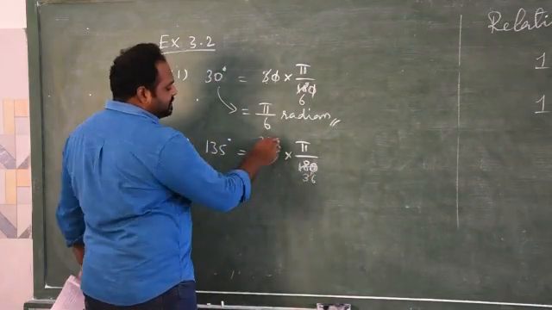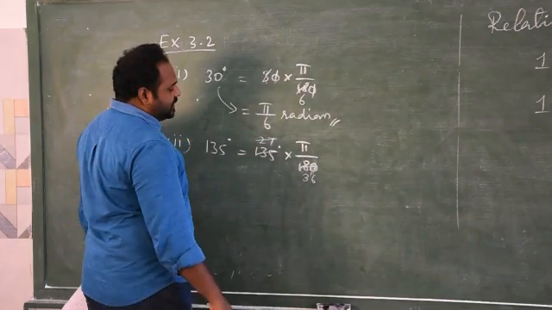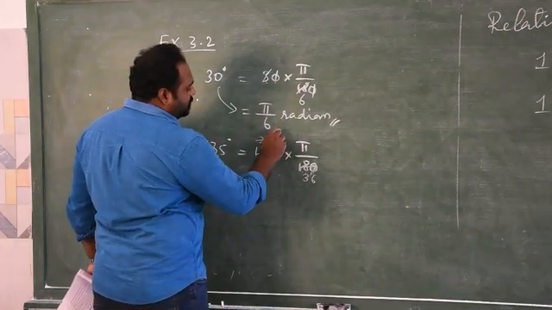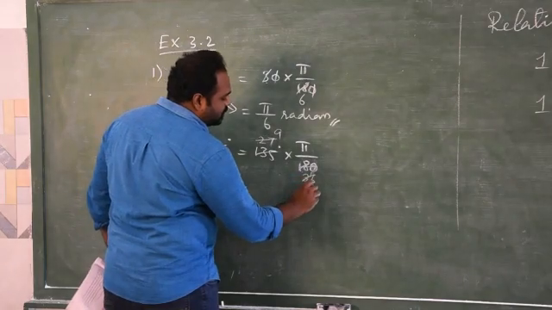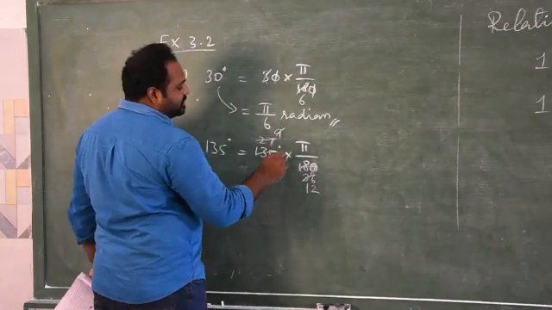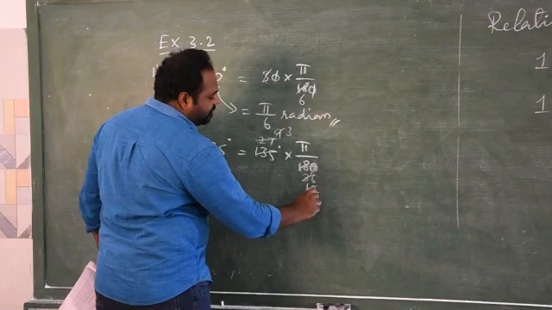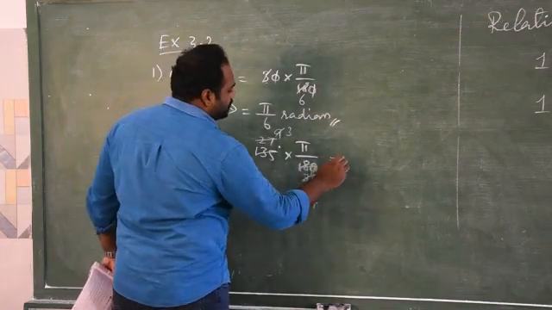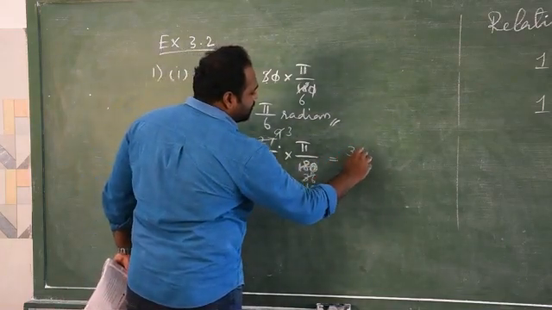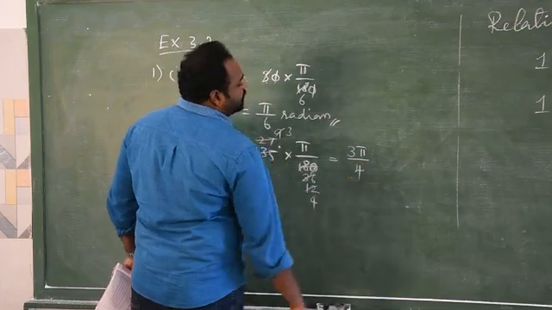Once again we have a cancellation in 3 table, 9 times here 1, 2. Again we have a cancellation, 3 times, 4 times. So the radian measurement is 3 pi by 4 radian.